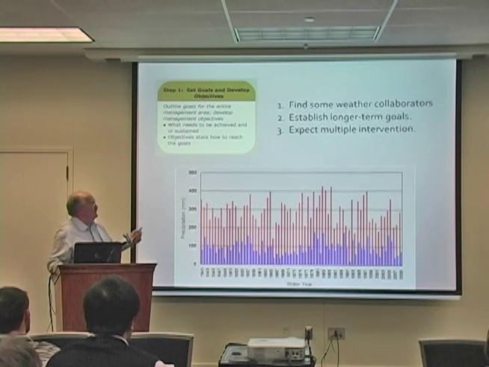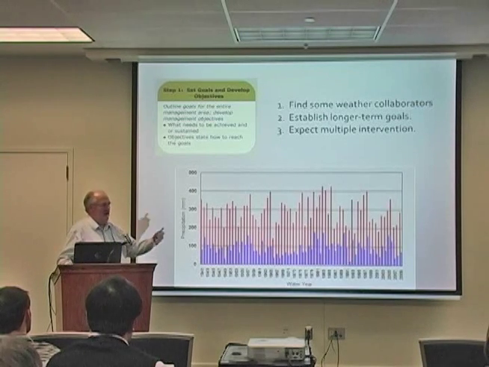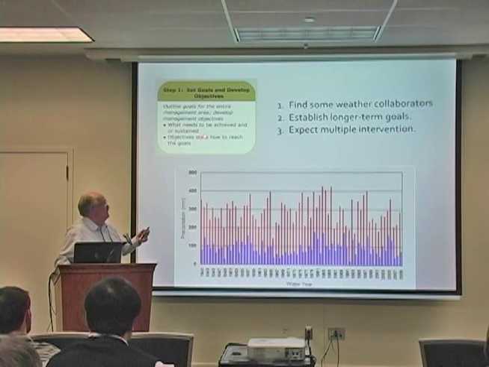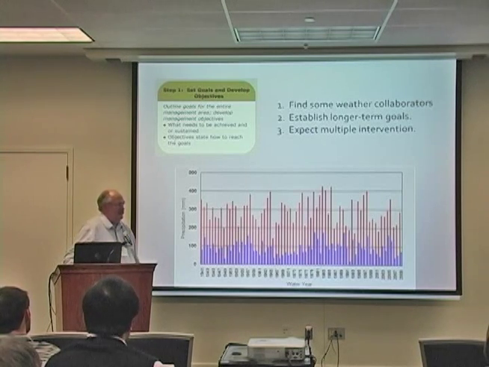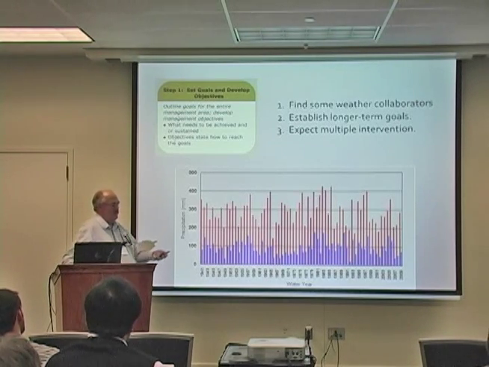The major thing in setting your goals and objectives, and it was touched on earlier, is we have to get out of the mode of putting together a plan that's only going to be implemented one time, that's going to have a higher probability of success than a lesser plan. We need to start establishing goals that are maybe 10-year goals that acknowledge the fact that there are going to be partial successes and failures, and we most certainly are going to have to do more than one thing in more than one year.